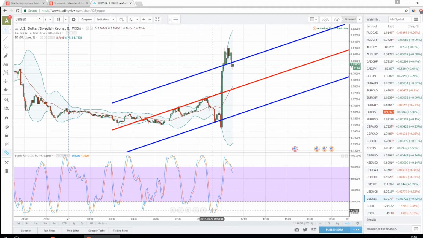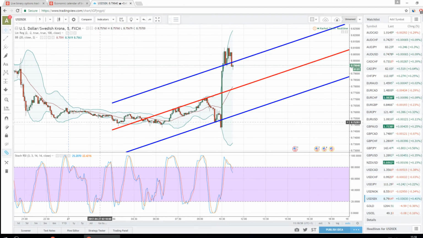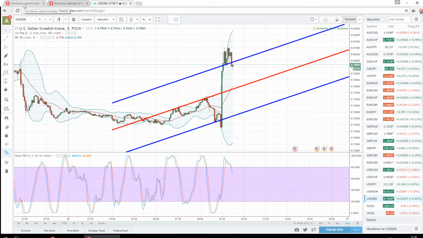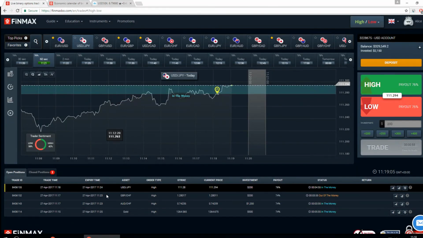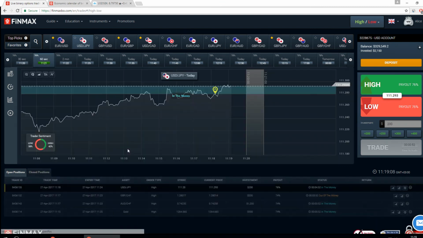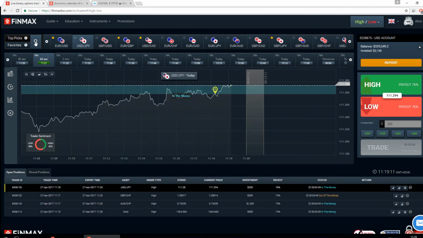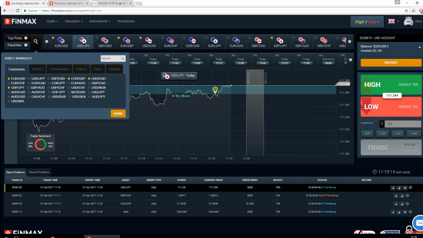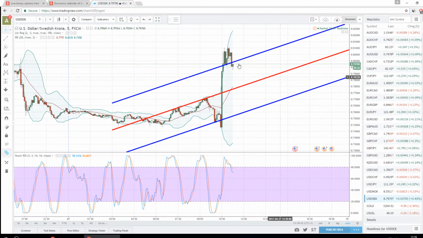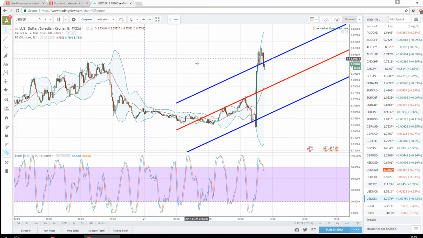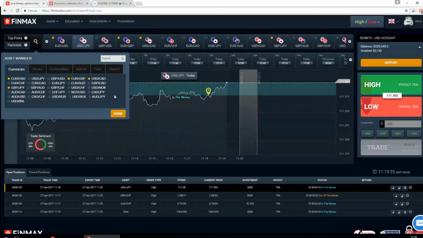Also here we can enter for low, like for the second trade. Yes, USD to Swedish krona.